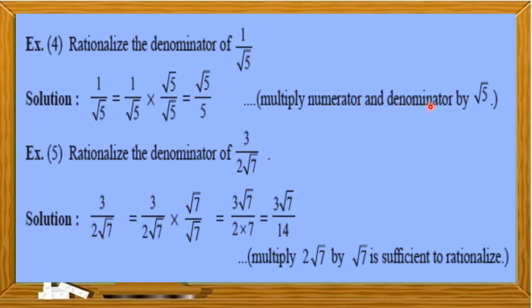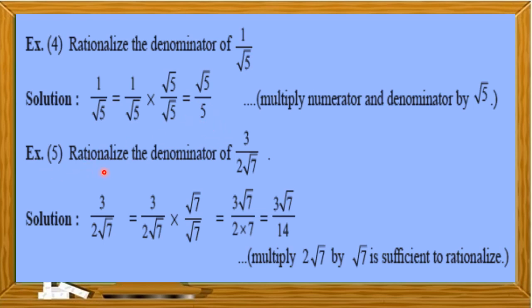Multiply numerator and denominator by root 5, because after multiplication of the numerator and denominator, you can solve it. Here, the denominator is a rational number. This is known as the rationalization of the denominator. In the denominator only, you have to bring the rational number by multiplying a particular number.